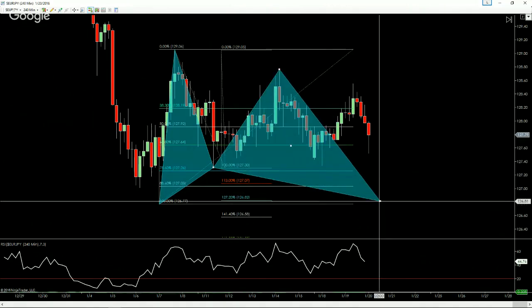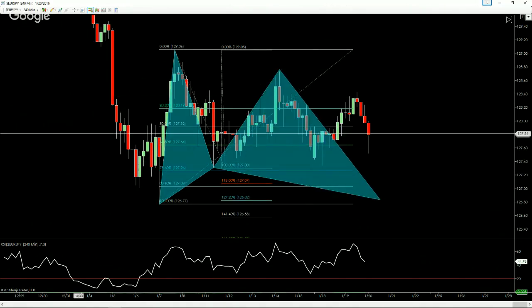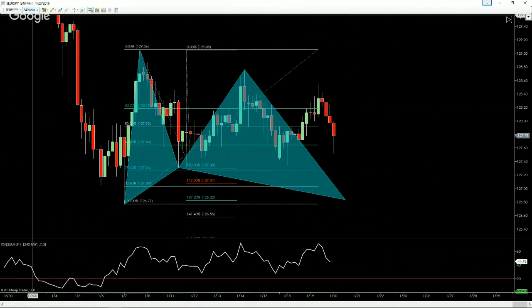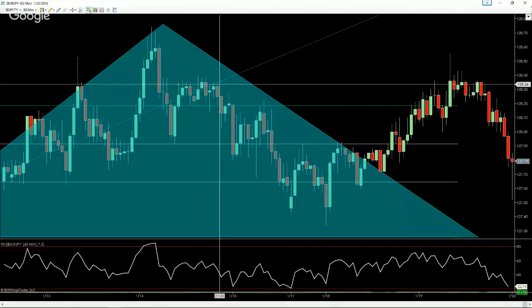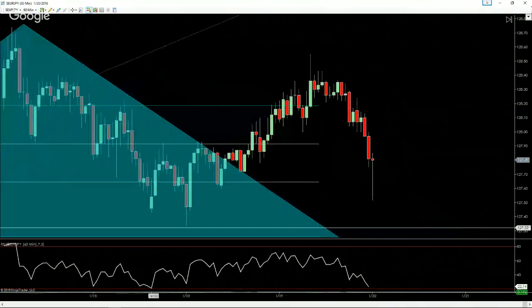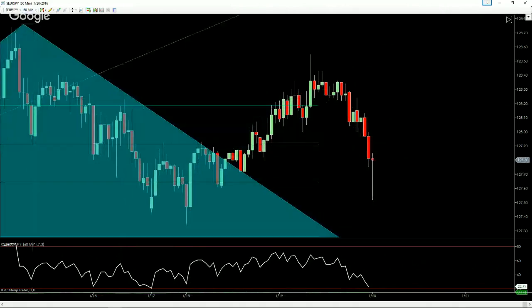This is not the most beautiful looking pattern, but it is still valid. Go down to the 60. Nothing there.